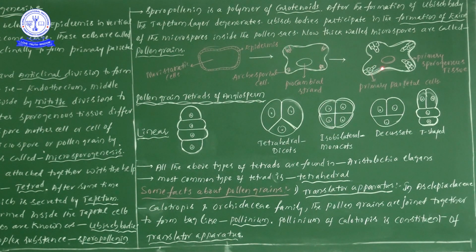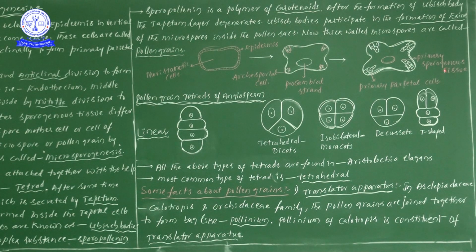Totally 3 cells are there now. The primary parietal cells are outside, and one and only one cell is inside. That particular cell we call the primary sporogenous tissue, as the author mentioned.